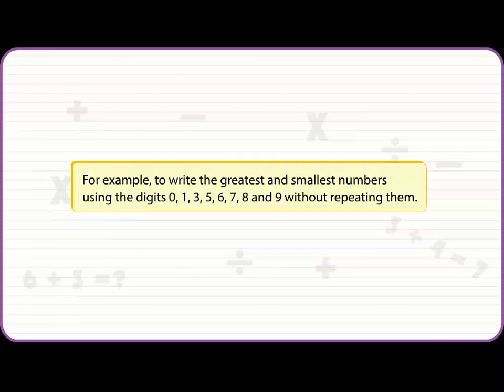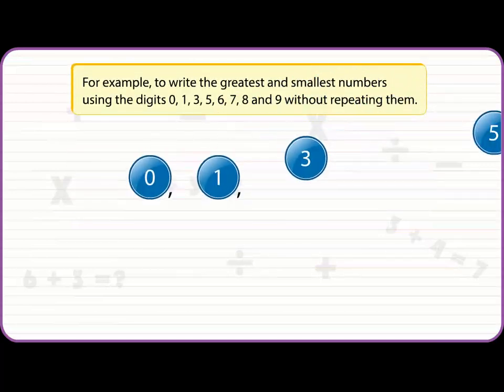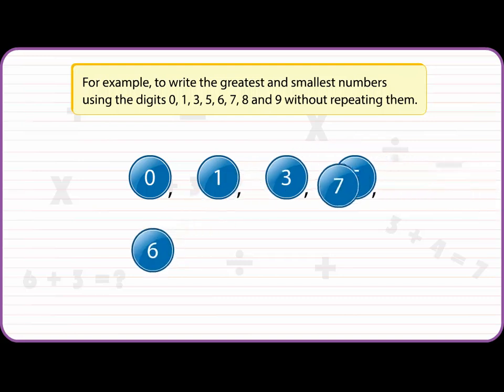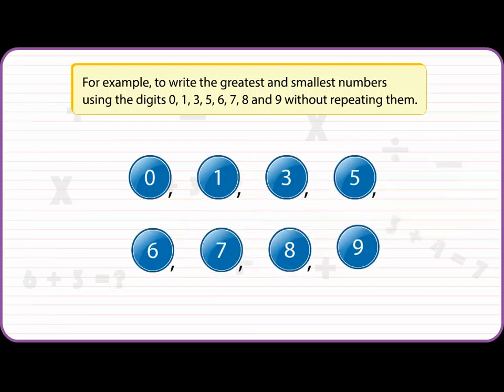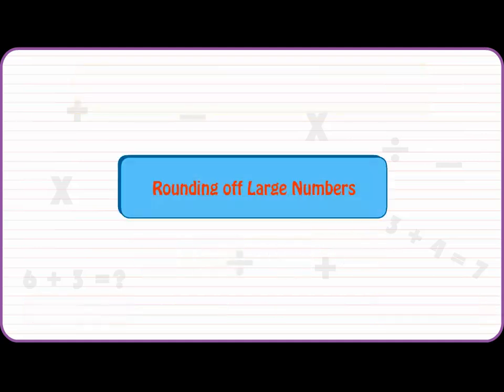For example, to write the greatest and smallest numbers using the digits 0, 1, 3, 5, 6, 7, 8, and 9 without repeating them, the greatest number is 98765310 and the smallest number is 10356789.